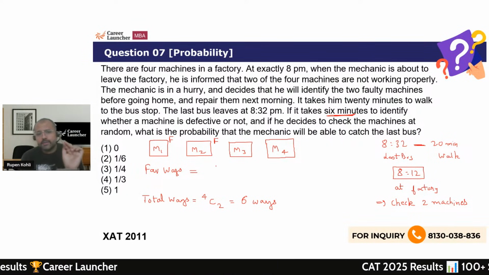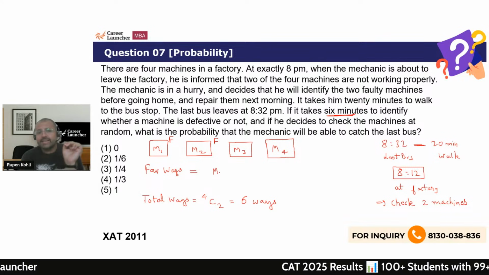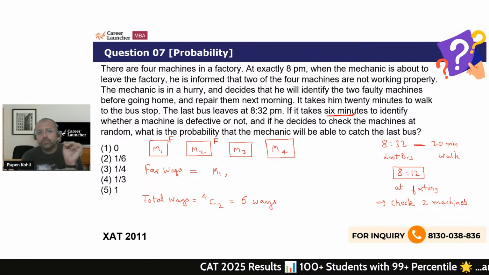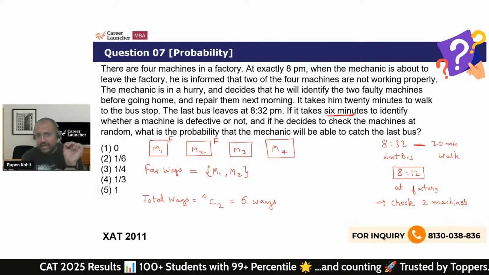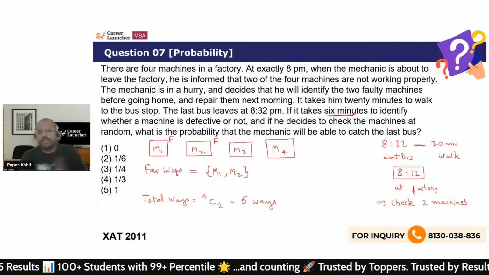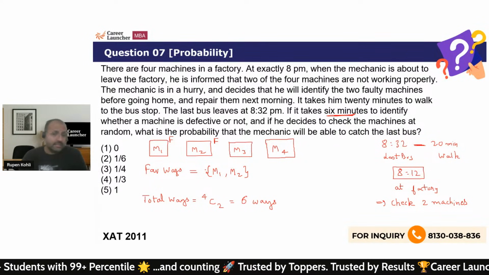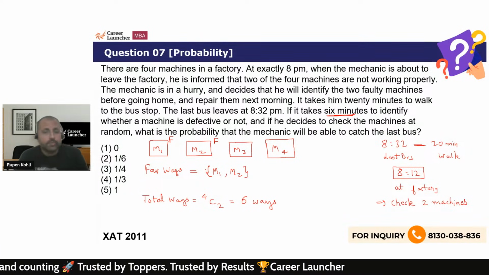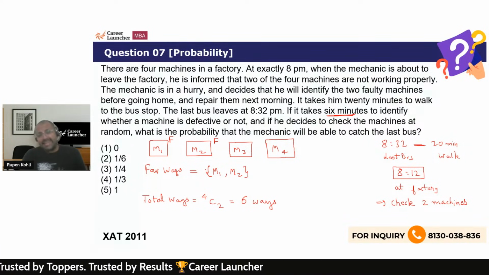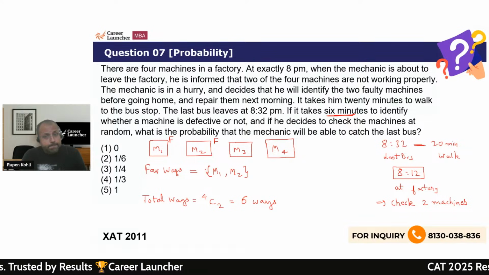Now, favorable ways could be, let's say that he selects M1 and M2 to inspect. This is one of the ways, and he finds both of them to be faulty one after the other. So if the two machines he selects on the first instance both turn out to be faulty, his job is done. Now, is there any other favorable way over here?